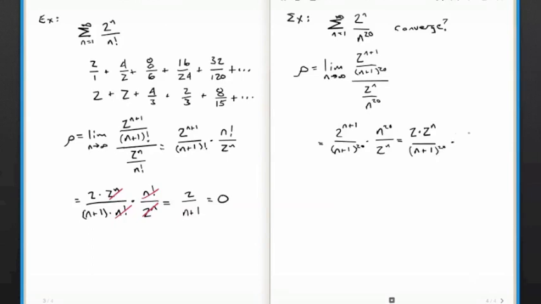Times, what do we have left? n to the 20th over 2 to the n. So let's go through and cancel. I don't think there's as much to cancel out here, but 2 to the n definitely goes away. So we're left with this stuff, okay?